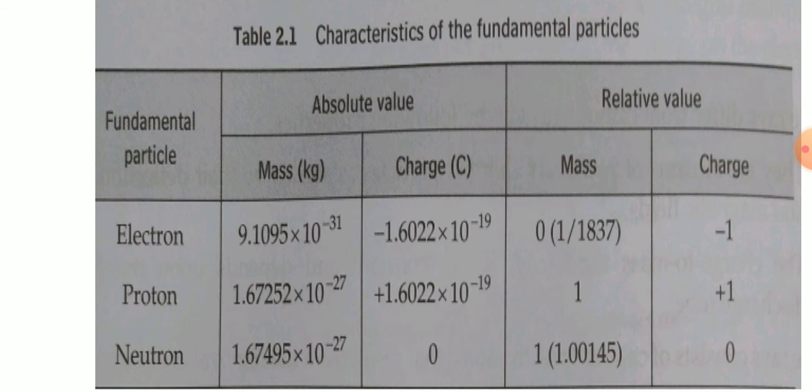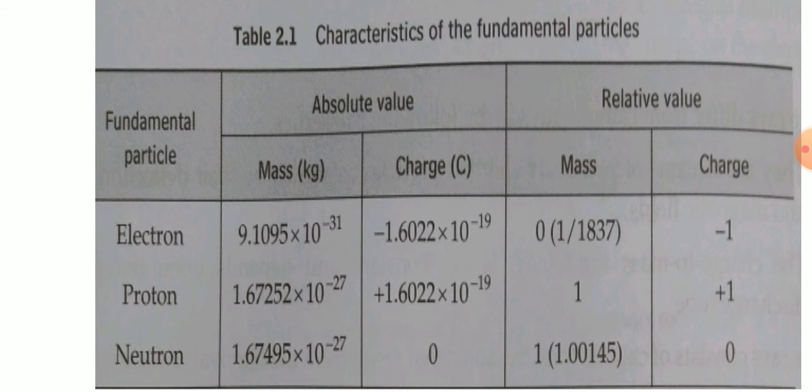The relative mass of the proton is 1 and the relative charge is +1. Now the neutron: the mass of the neutron is 1.67495 × 10^-27 kg, the charge of the neutron is 0, the relative mass is 1.00145, and the relative charge is 0.